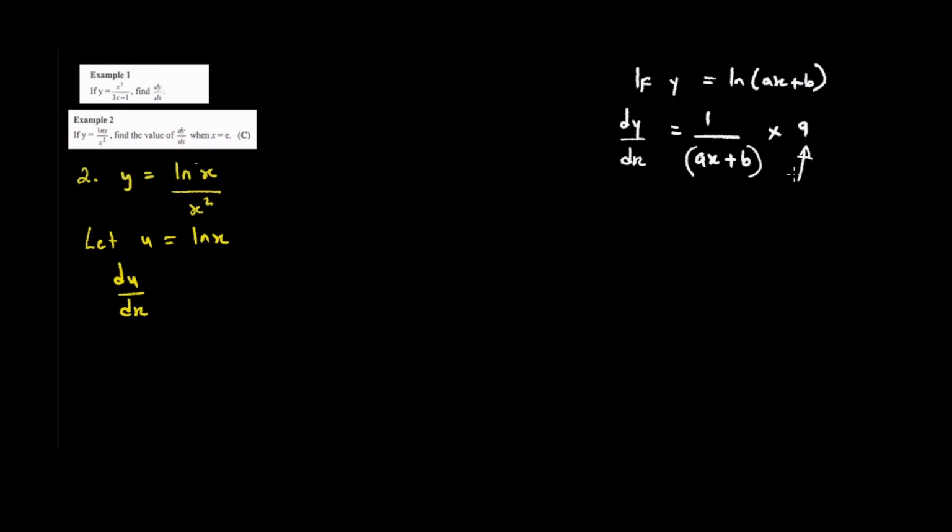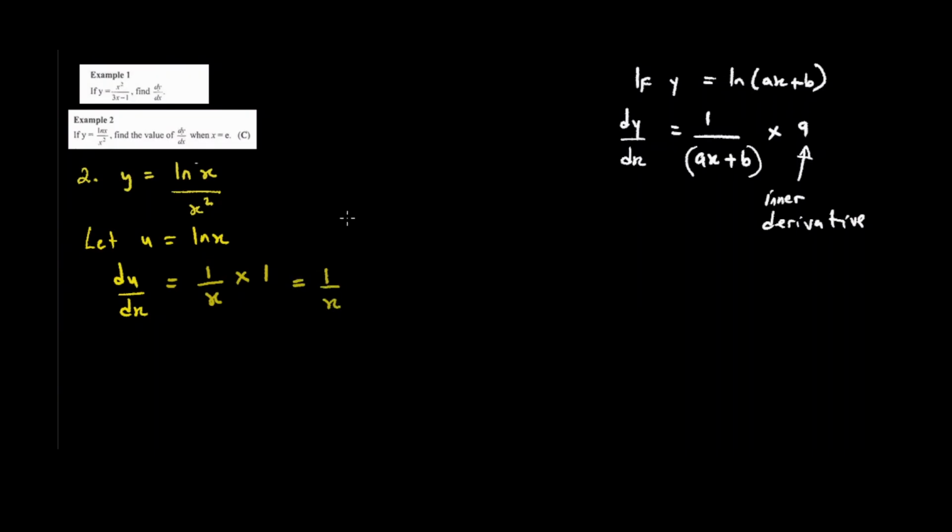Correct, 1 over whatever comes after ln, multiplying a. A is what they refer to as the inner derivative, the derivative of the bracket, ax plus b. So using the general rule, when we differentiate ln of x, we say 1 over whatever comes after ln, which is x, multiplying the derivative of what comes after ln, which is 1, meaning this answer will be 1 over x.